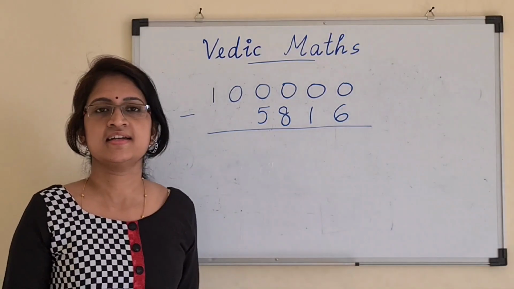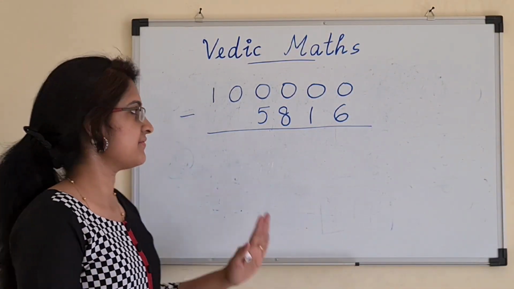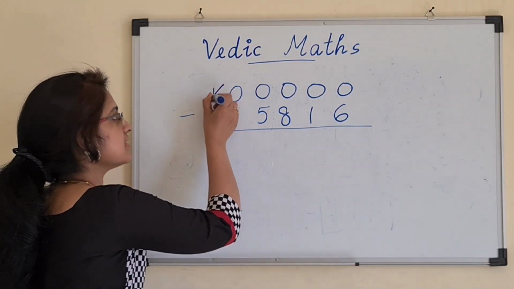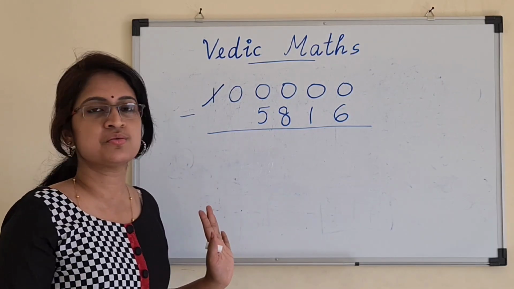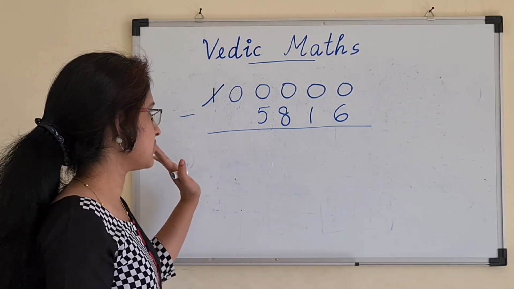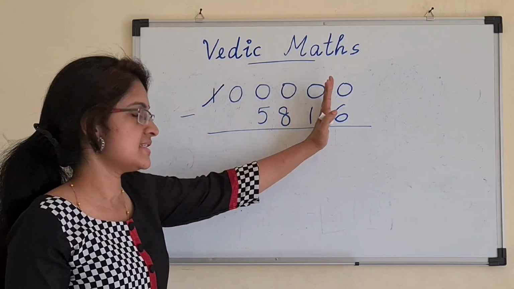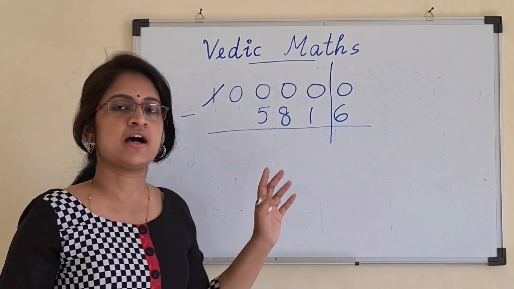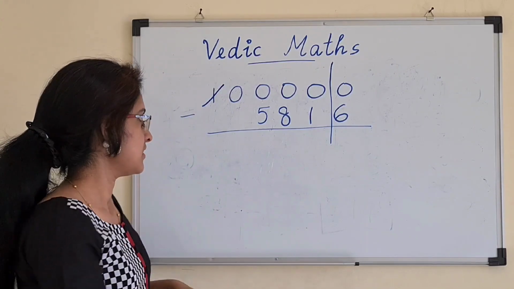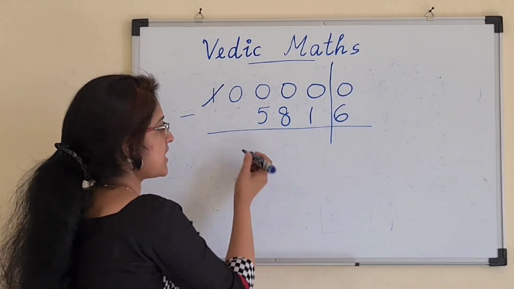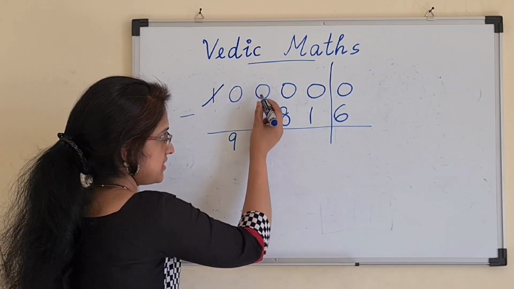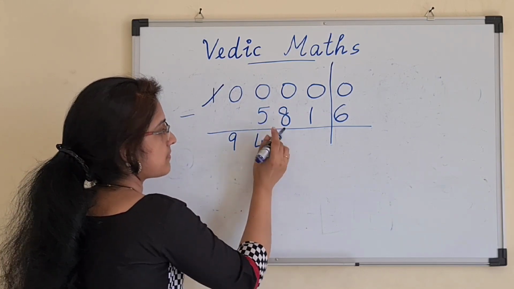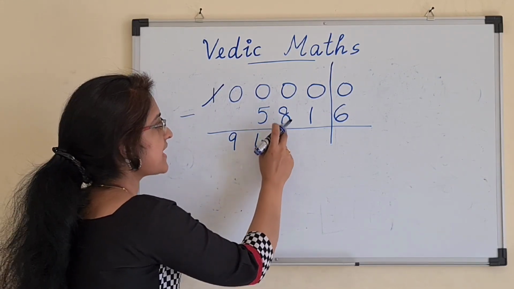So this is our next example. First step is to ignore this 1. You are not going to do anything with that 1. Ignore it. So rest all digits except the last one should be added up to 9. So 0 to be added up to 9, it will be 9 itself. Here it will be 4 because 5 plus 4 is 9.